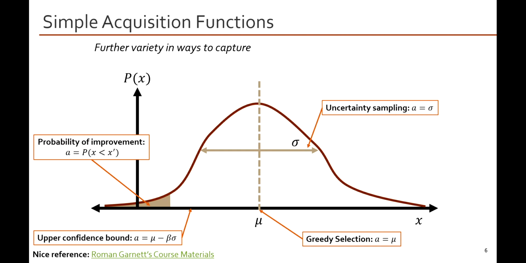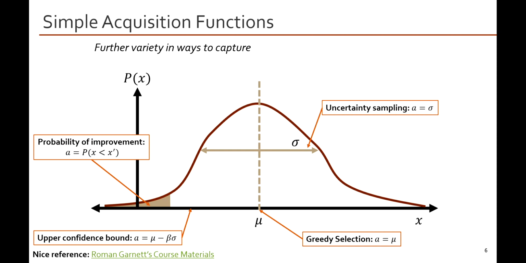Now, we've already talked about uncertainty sampling, where I assign my value based on the uncertainty I have in my prediction. You can imagine here I'm showing, for a given prediction, a probability distribution of its outcome, where I have both a mean value and some distribution of possible outcomes.